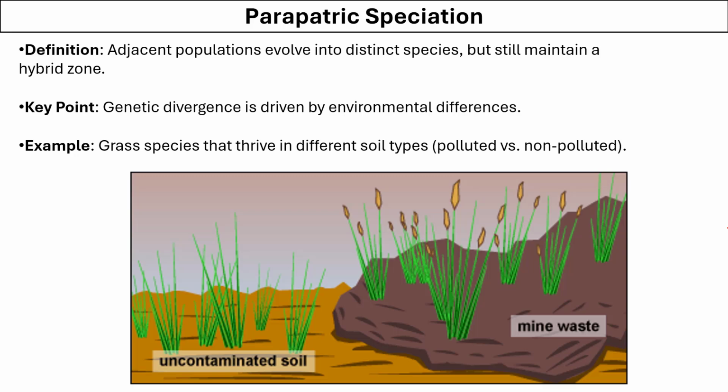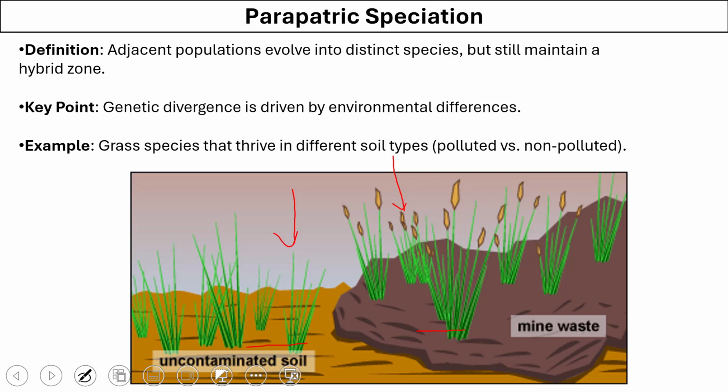Now, parapatric speciation is when two organisms of the same species end up in different situations. For example, here you can see there is grass that is growing on the mine waste, and there is grass that is growing on the uncontaminated soil.